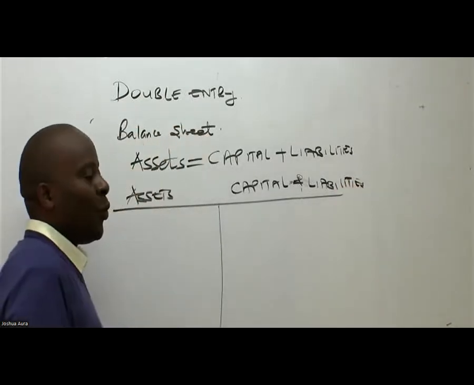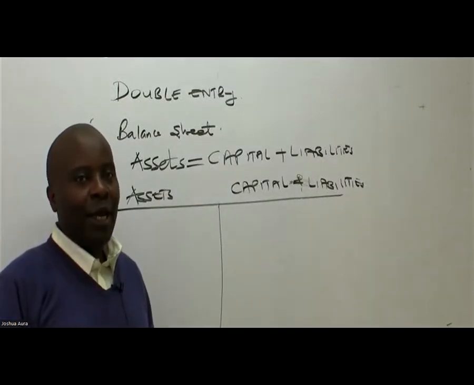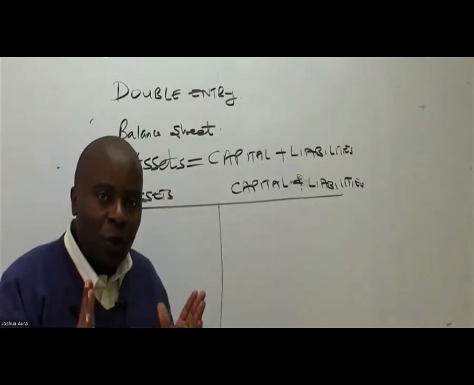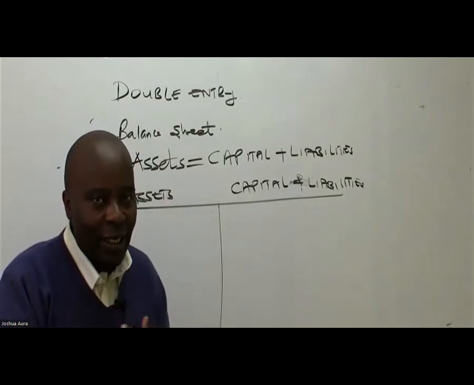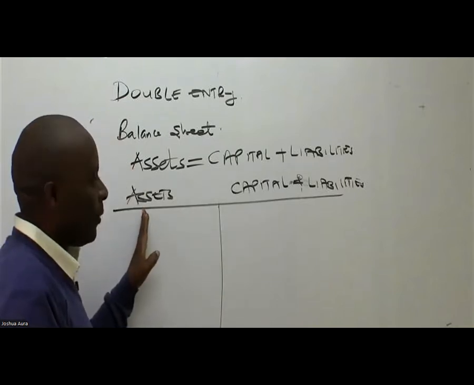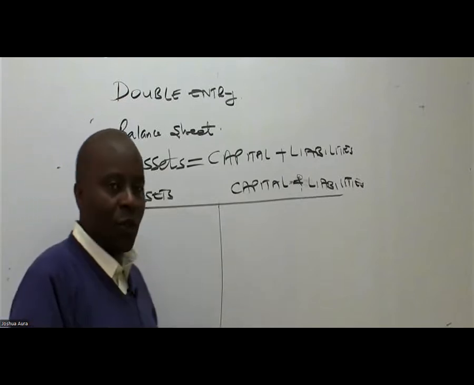So anytime we procured an asset, for example a motor vehicle, which is our asset, we would put it here. Then we would ask ourselves, how was this asset financed?